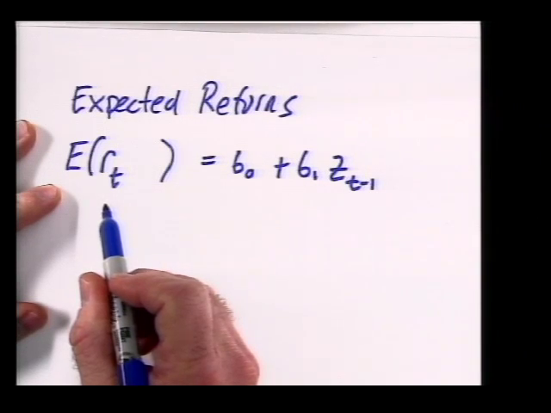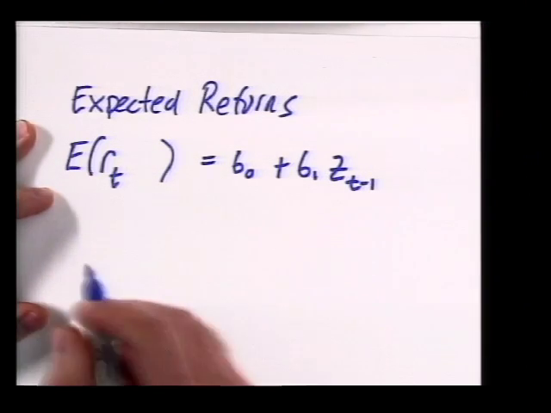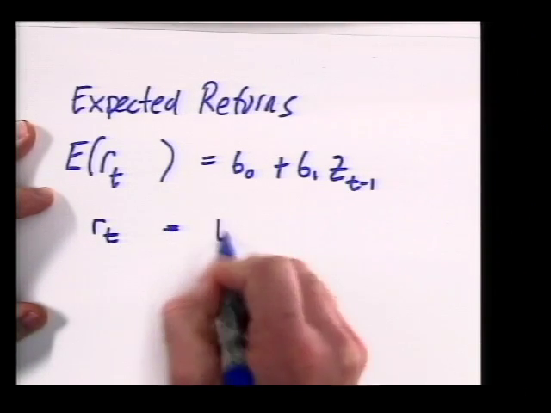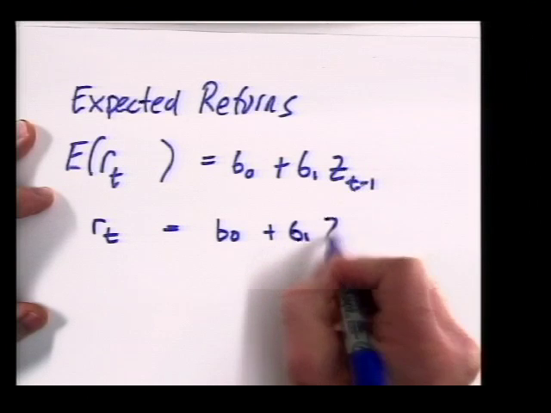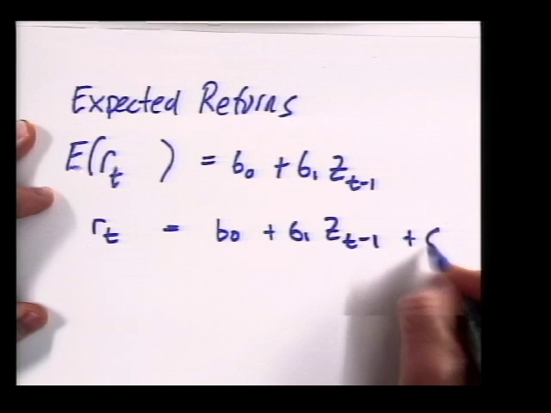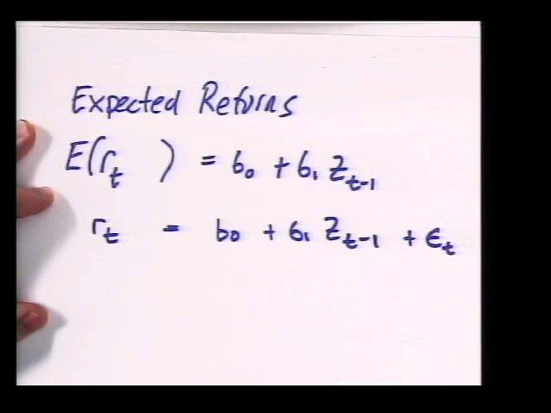Okay, and that's what you're mainly doing in assignment number 3. And we could also write this as R t equals b0 plus b1 z t minus 1 plus some error, residual. Okay, it's the same thing, right? And of course, our expected value of the residual is 0.